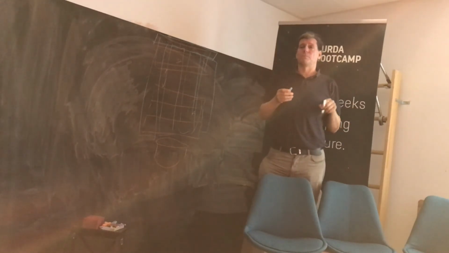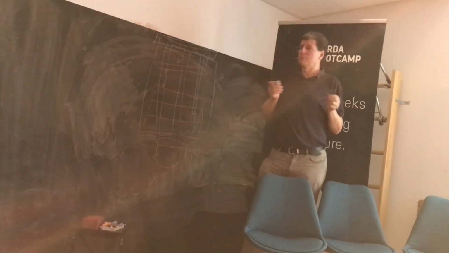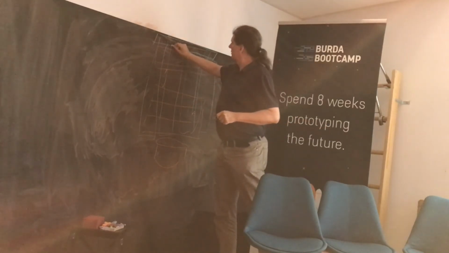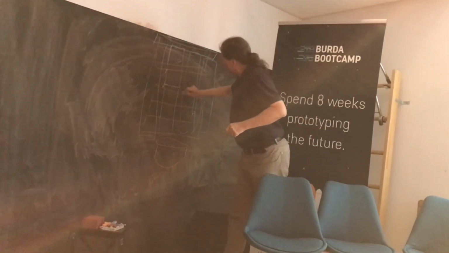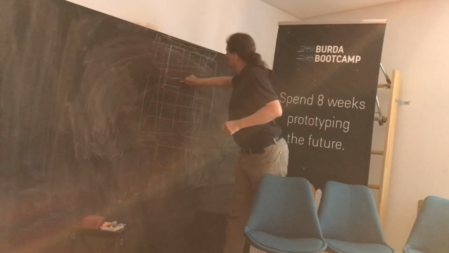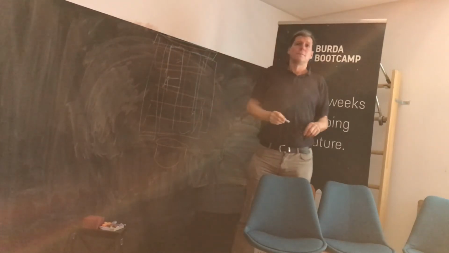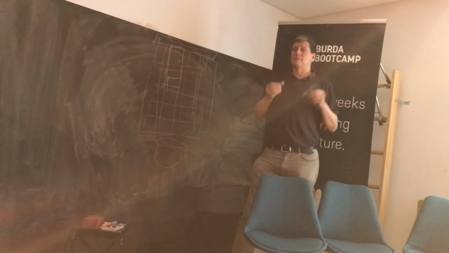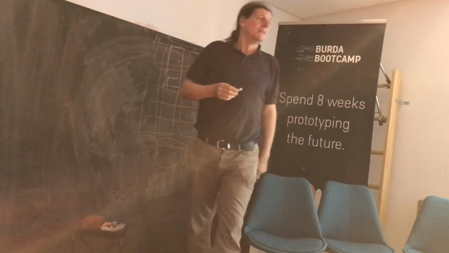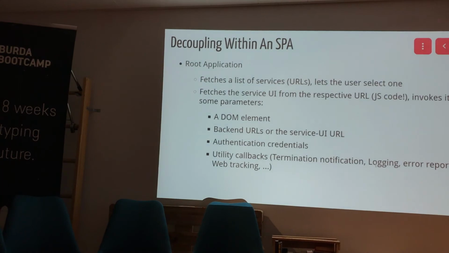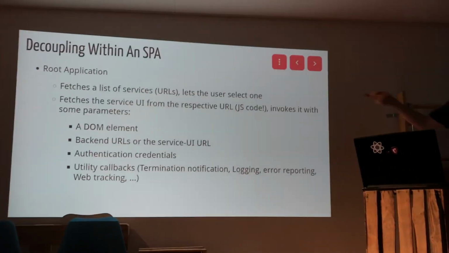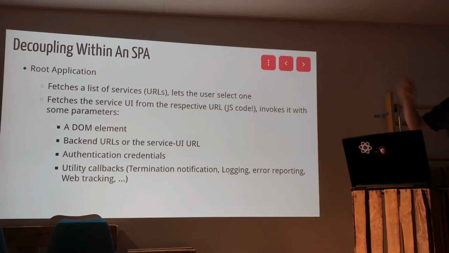And what the root application does, it invokes that JavaScript code. Actually, it's a JavaScript function in our implementation. So we have here the server part and the client part. We first fetch the UI, the static resource essentially, containing the JavaScript, and it defines the function, and it gets several parameters.